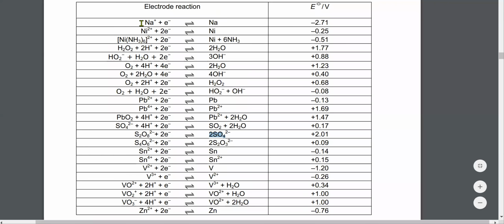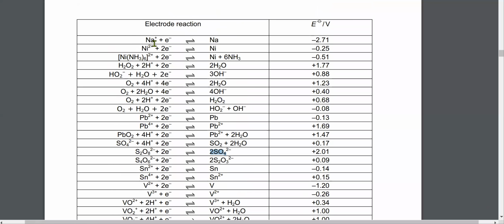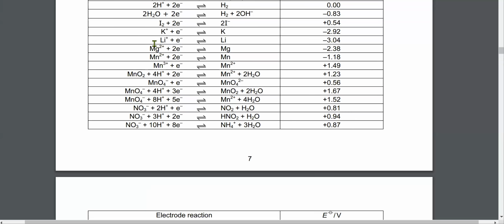So I'm going to open the data booklet and find Na+. It's right over here. So Na+ gaining 1 electron. I'm going to write this in the forward direction. And it's forming Na. And the value is minus 2.71 volts. The other one is I need to find water gaining electrons. So it's the same water equation which we found earlier.